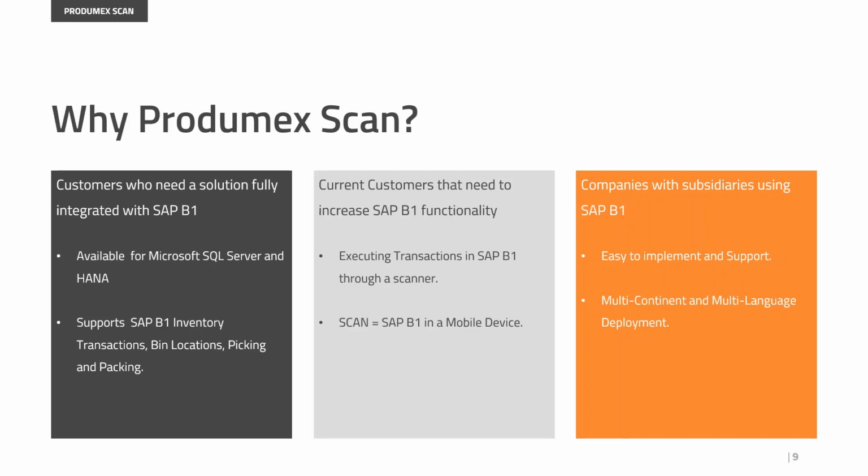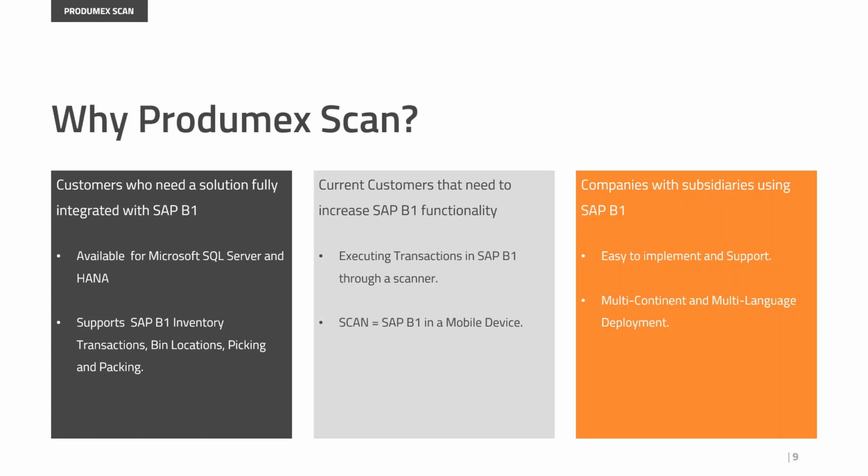So customers who need a solution fully integrated with SAP Business One are our ideal customers, because this application is available on SQL version and HANA, and supports SAP Business One transactions, inventory transactions, bin locations, picking and packing.